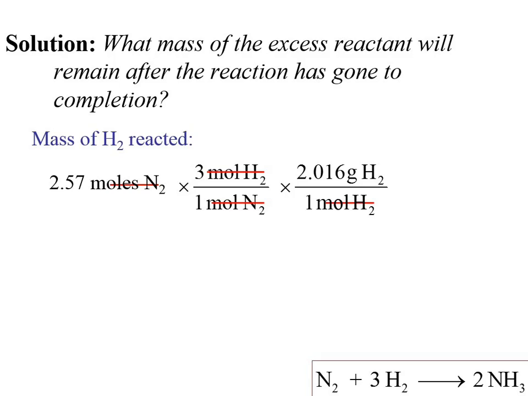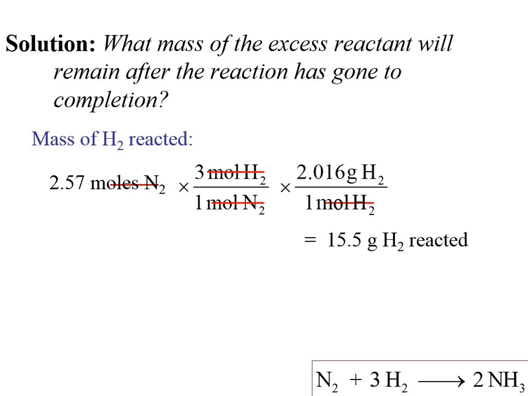In chemistry, sometimes you work things in steps, and you really need to label this step as mass of H2 reacted. Because then you're like, oh, so how much is remaining? Well, I'll take what I have minus what was reacted. So rounded to 3 significant figures, 15.5 grams of hydrogen is what reacted with this limited reactant.